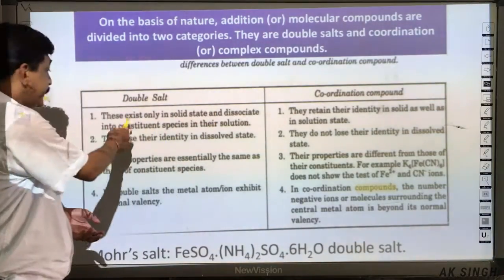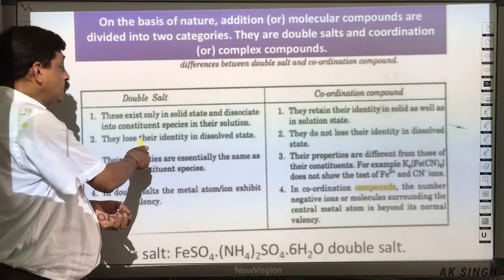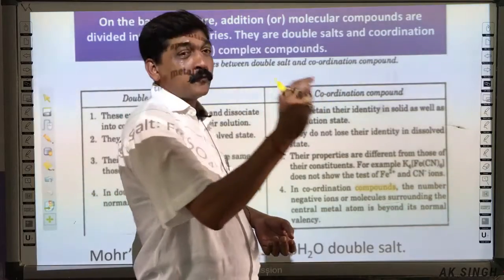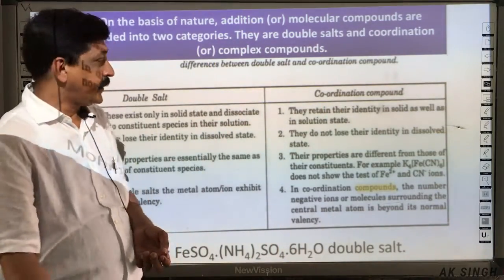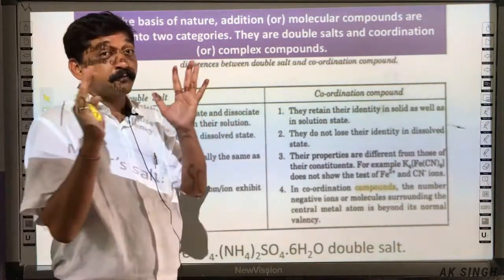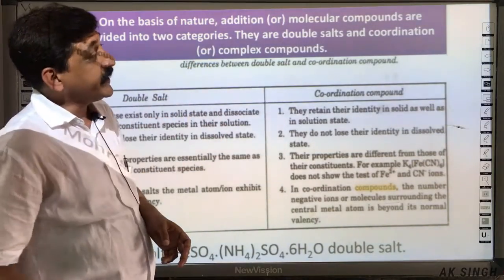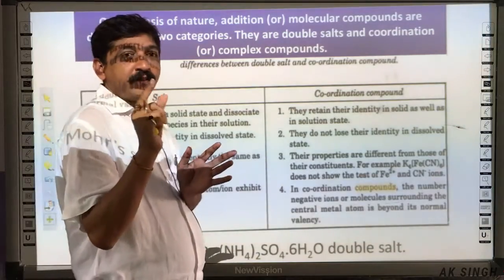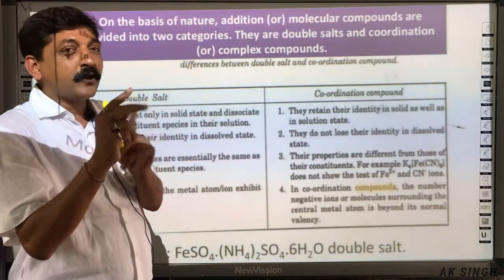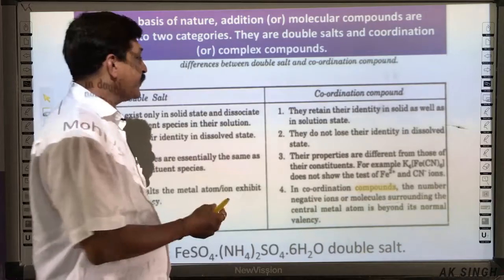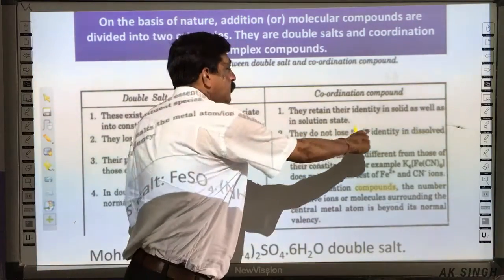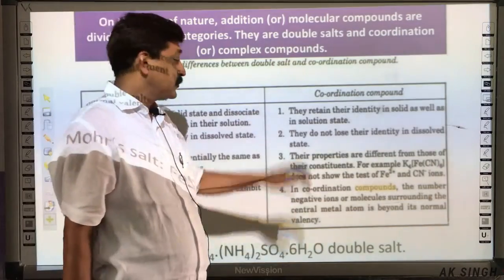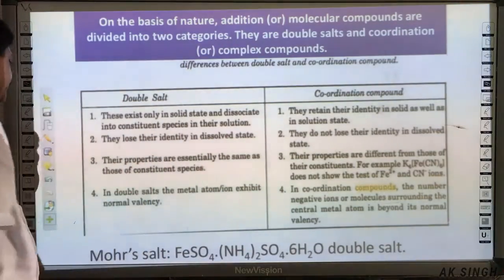That double salt will lose its identity in the dissolved solution, meaning it will give the test for the ions, ionizing into potassium, aluminum and sulfate ions, whereas a coordination compound will form the complex. Given that example, K4[Fe(CN)6], where [Fe(CN)6] that forms is a complex, will not give the test for Fe2+ or CN-. So they do not lose their identity in the dissolved state. So these are the examples.